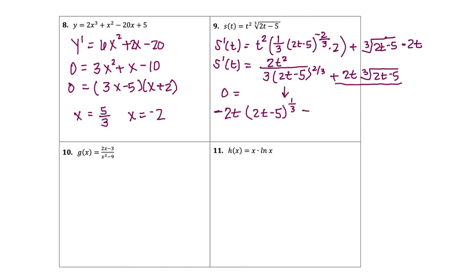And then that's going to be equal to 2t squared over 3 times t minus 2t minus 5 to the 2/3.